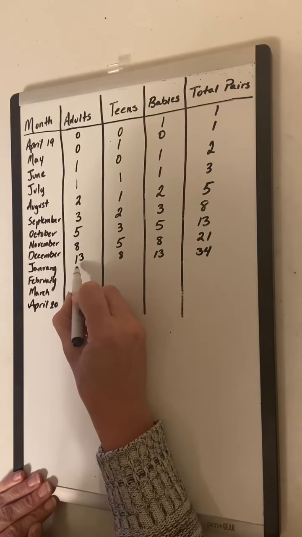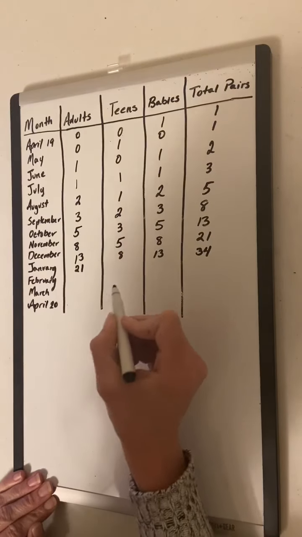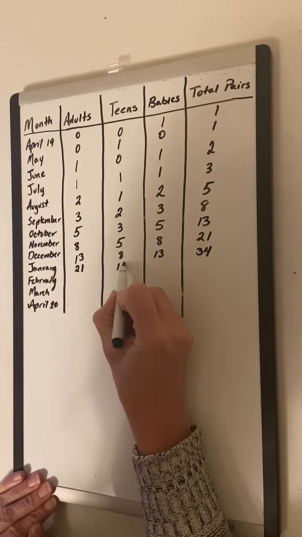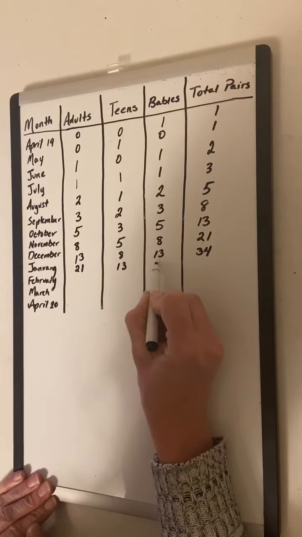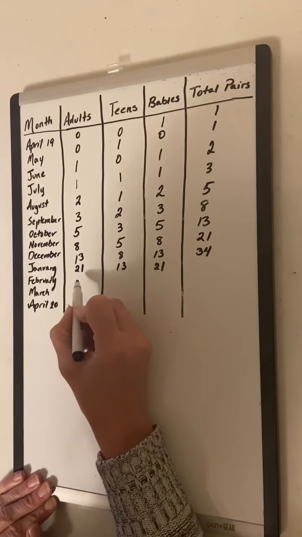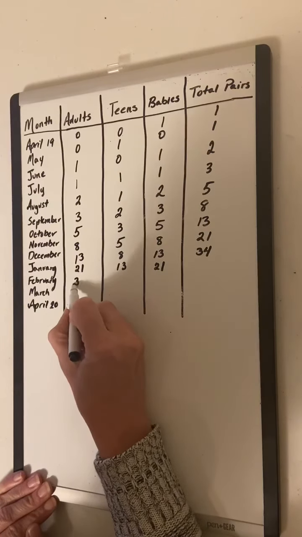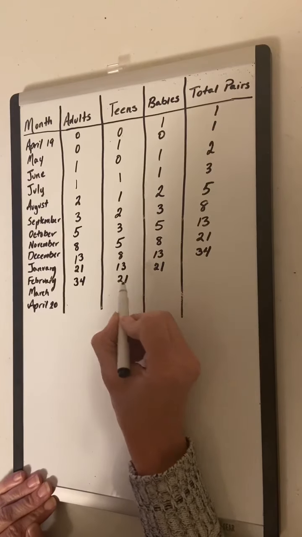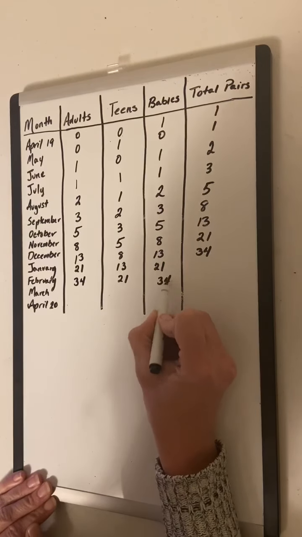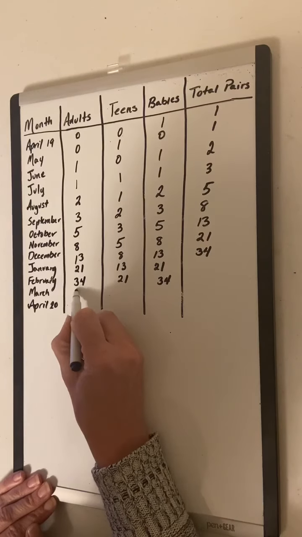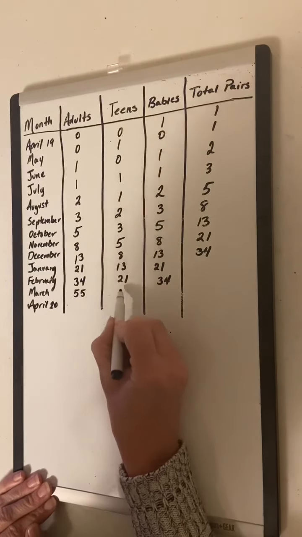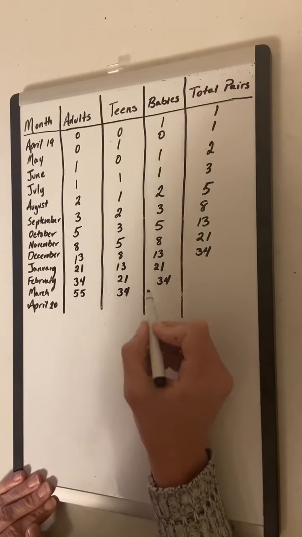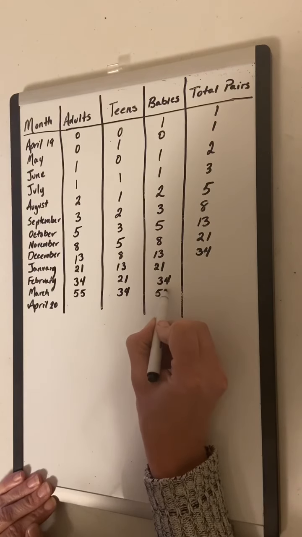In January, we have 21 pairs of adults, 13 pairs of teens, 21 pairs of babies. In February, we have 34 adults, 21 teens, 34 pairs of babies. In March, we have 55 adults, 34 pairs of teen bunnies, and then 55 pairs of babies.